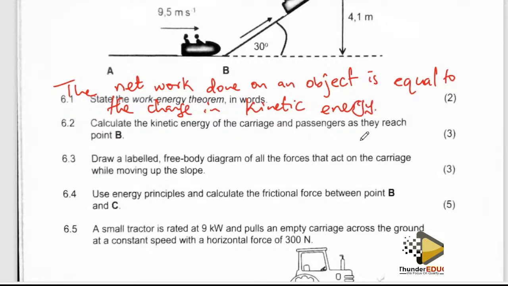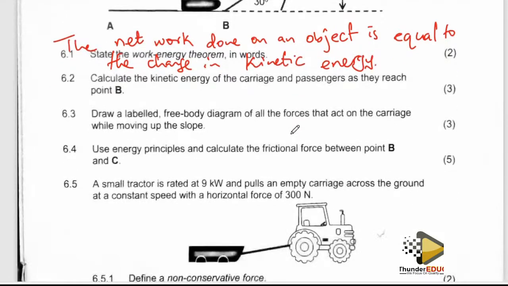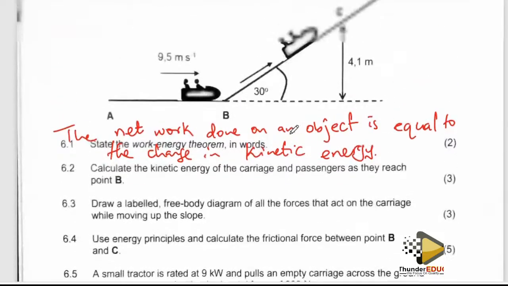Just that. Then 6.2, can we calculate the kinetic energy of the carriage and passengers as they reach point B? The kinetic energy. Will this be hard? So EK at B is a half the mass and the velocity squared.